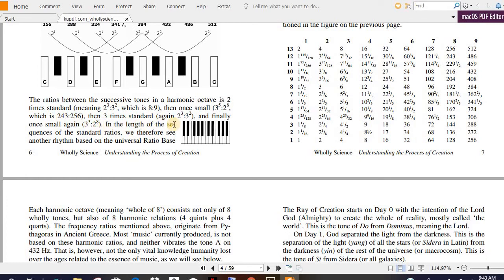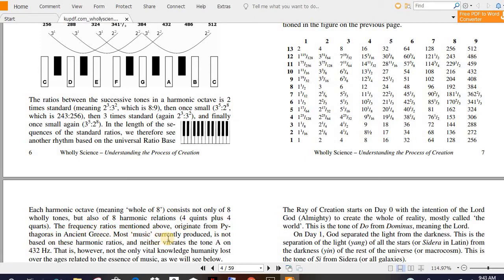Then 3 times standard, again, 2, 3, and finally once small again. In the length of the sequences of the standard ratios, we therefore see another rhythm based on the universal ratio base. Each harmonic octave, meaning whole or 8, consists of not only 8 holy tones, but also of 8 harmonic relations, 4 quints plus 4 quarts.